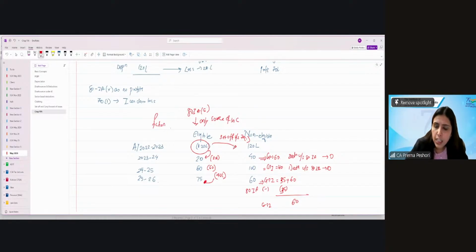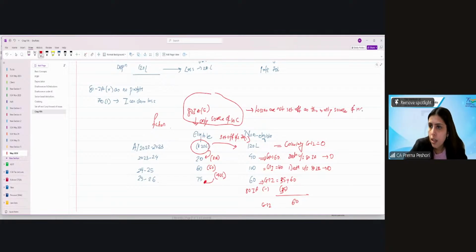So even if it is set off against the non-eligible income for the purpose of calculating the GTI, which is 0, for the purposes of ATIA 5, I will consider that the losses are not set off, as this is the only source of income, because I am presuming there is no other source of income.